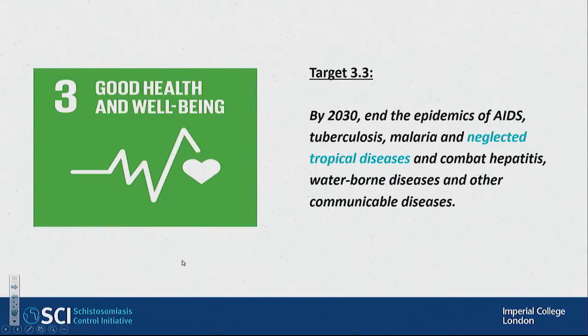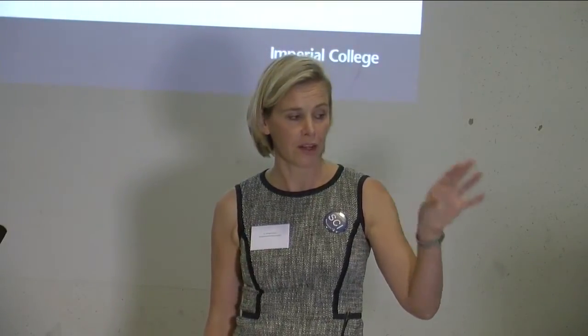But I think it's recognised globally how important NTDs are as a tracer and also a way of ensuring that we reach these really underserved and vulnerable populations. This is reflected in Sustainable Development Goal 3, where there is a specific target for neglected tropical diseases, which is very important.